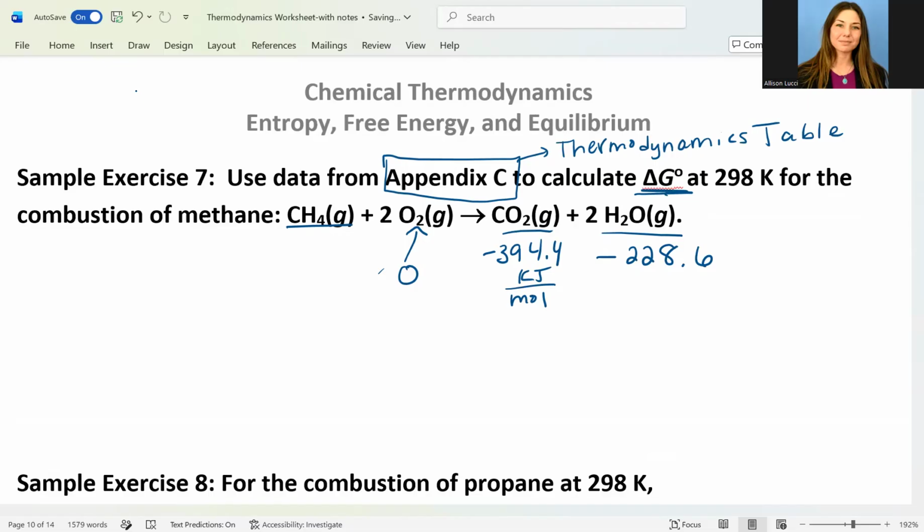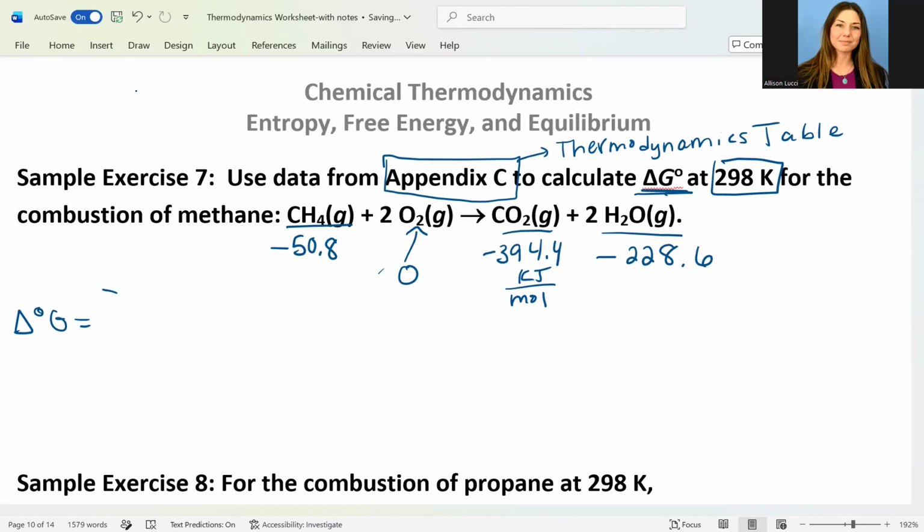And then we have methane, which is negative 50.8. And again, I would have looked up these values or found them on a table that I searched online. Now let's set this up to solve for delta G. And again, this is at 298, so these values were under those standard conditions.